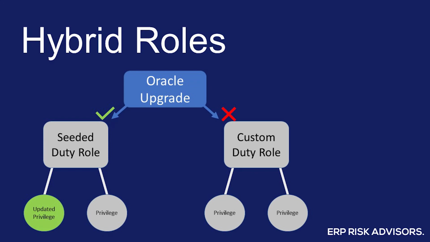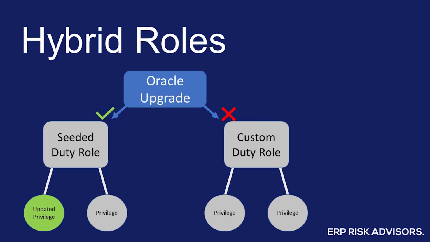So you could have a partial update to a duty role, where maybe 4 of those duty roles should have had updates, but since you customized one of them, the update to that won't happen because it will not update a custom role. But the other 3 that are seated will be updated. You then get a partial update to a custom role, which could cause a problem and allow functionality to not work properly or partial functionality to work.